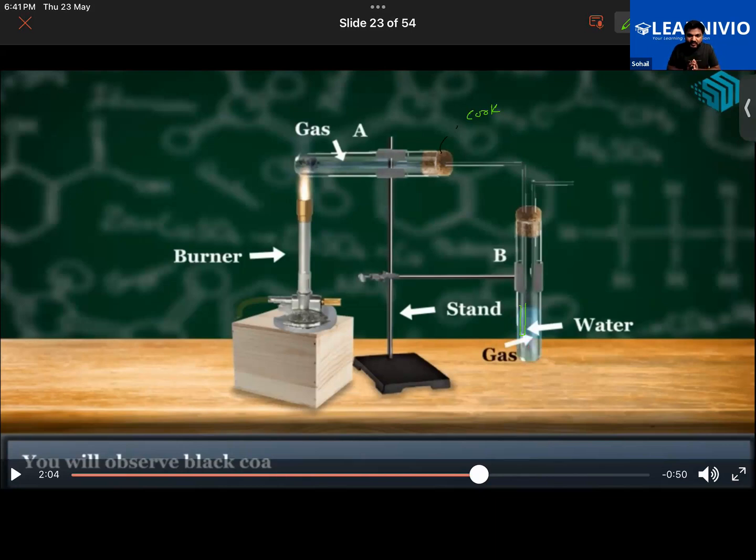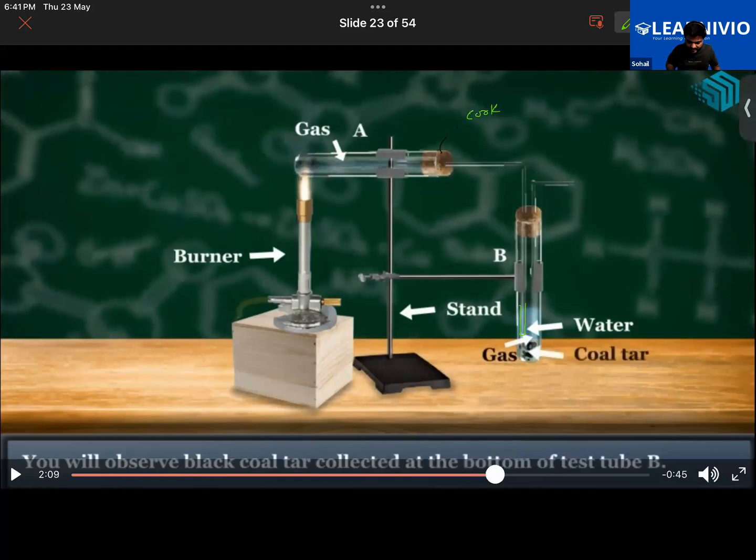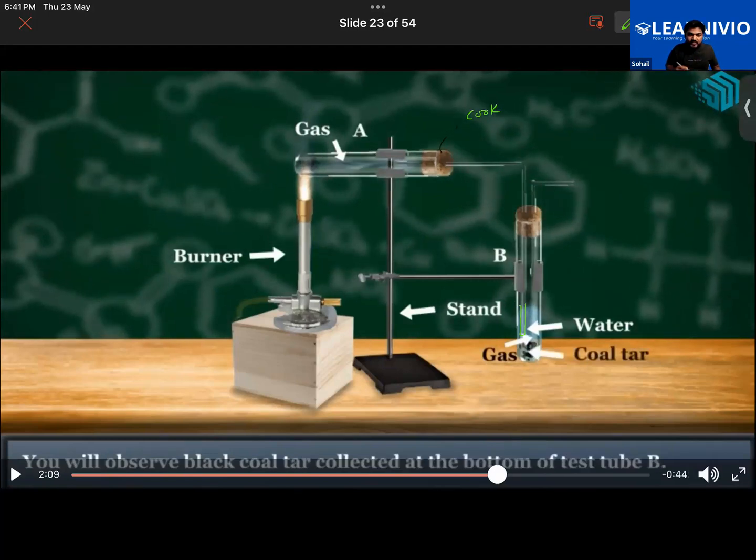Later on, you will find that in the water, this gas will form two things. One that settles at the bottom is called coal tar.